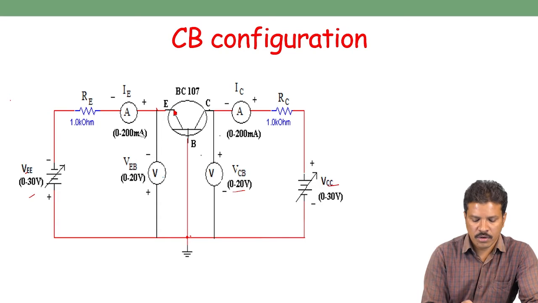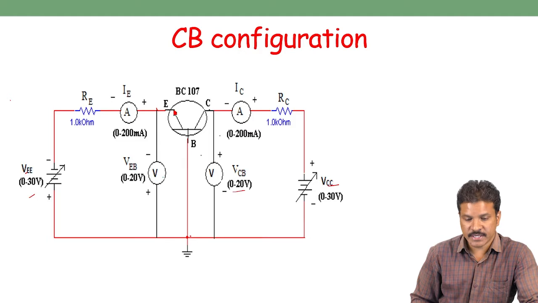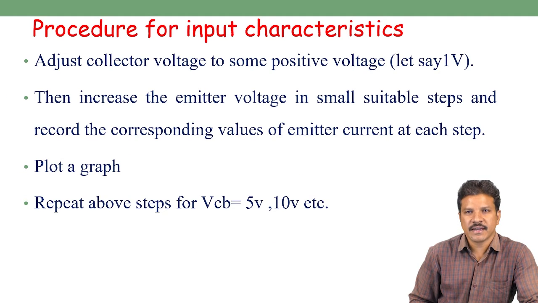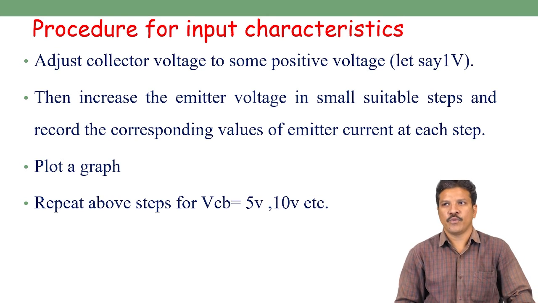Very simple. In order to measure the input characteristics, the first step is to adjust the collector voltage to some positive voltage. What is collector voltage? It is the output voltage.